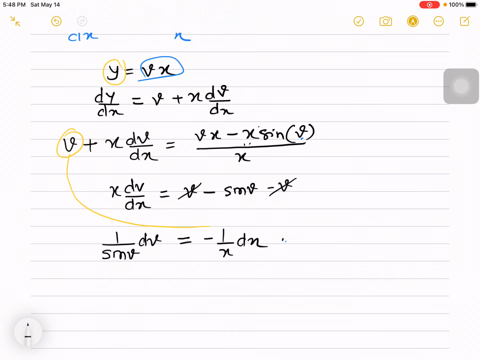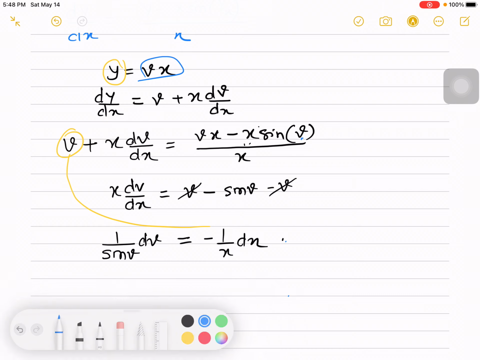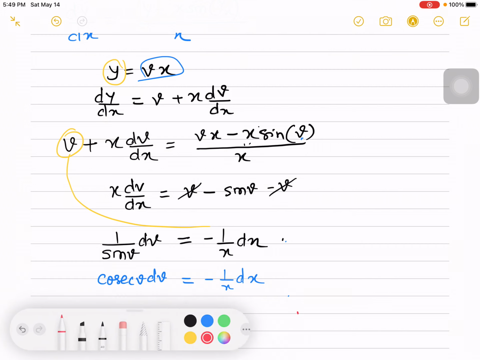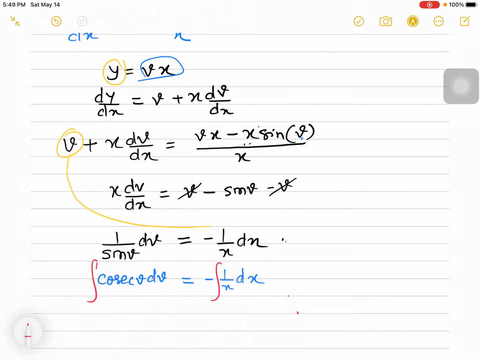Now on both sides we can use a formula directly for integration. It is cosec v dv is equal to minus 1 by x dx. Now integrate both sides and use a constant.